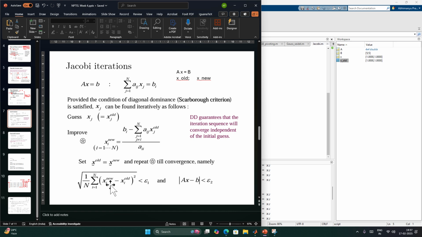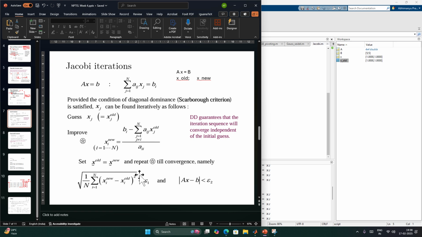If the total sum of all the older x variables and the newer x variables, so we take the norm of the error, the difference between the new x and the old x, and that should be less than some threshold value, some tolerance value. Then we stop the iterations, right?